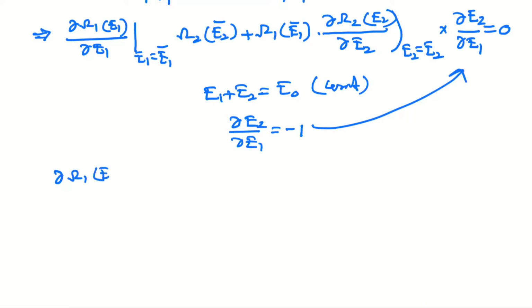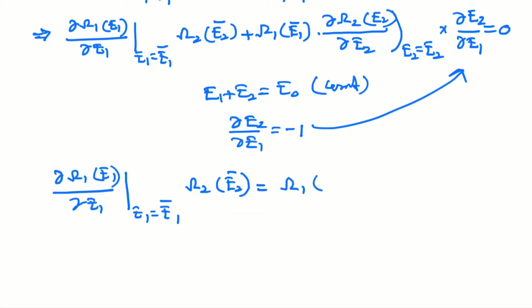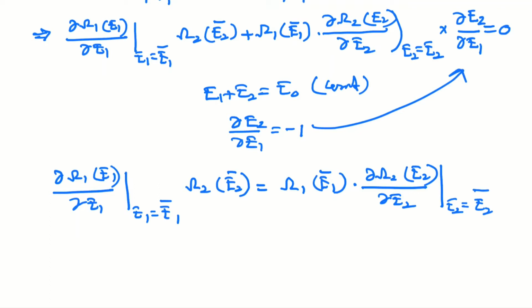dou omega 1 of E1 by dou E1 at E1 equal to E1 bar into omega 2 at E2 bar equal to omega 1 at E1 bar into dou omega 2 by dou E2 at E2 equal to E2 bar.